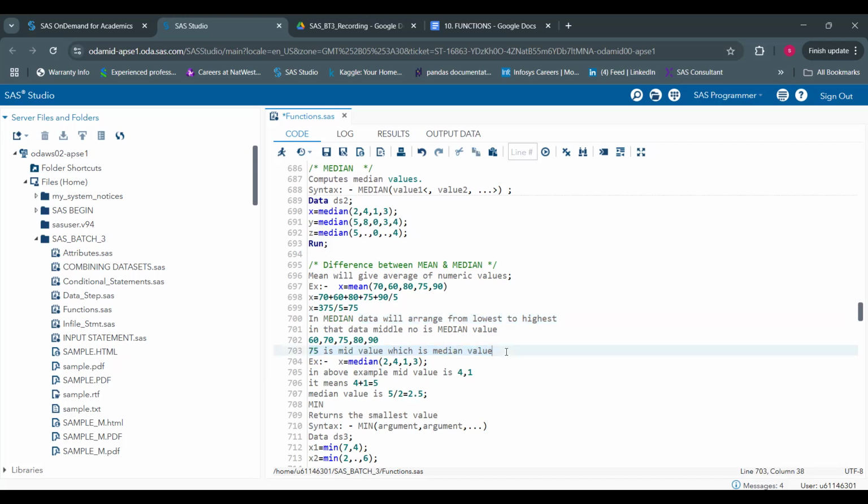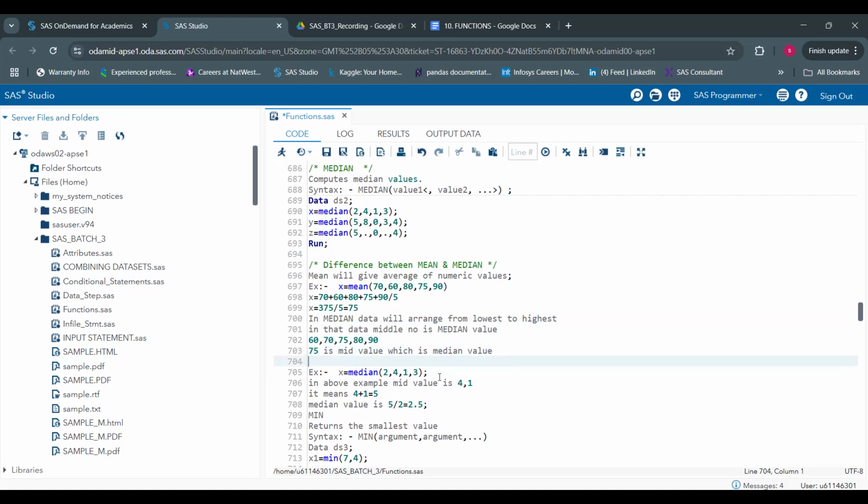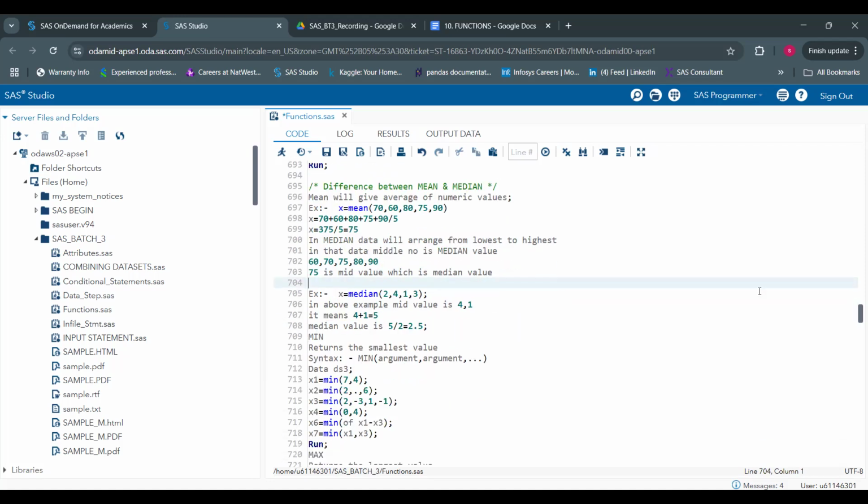If it is an even number, we first arrange the numbers in ascending order and then calculate the mean of the middle two values.